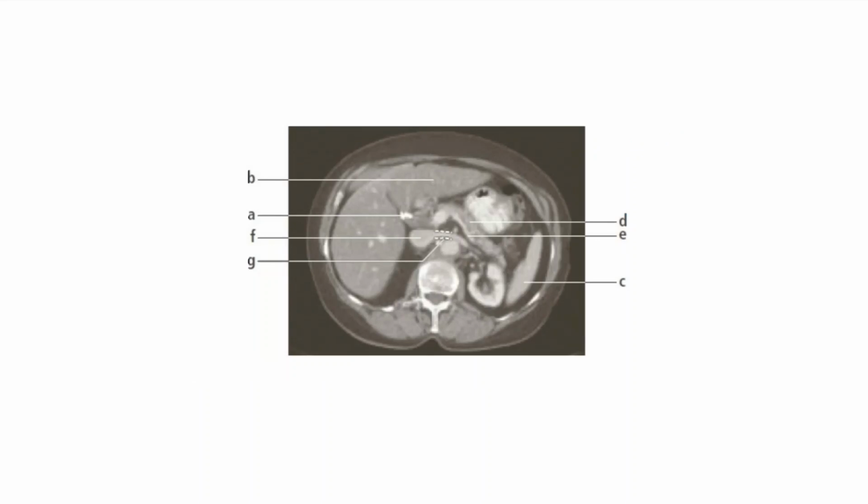Now let us mark the structures in this CT. What is A? A shows surgical clips from cholecystectomy. These are basically surgical clips after cholecystectomy. B is left lobe of liver.